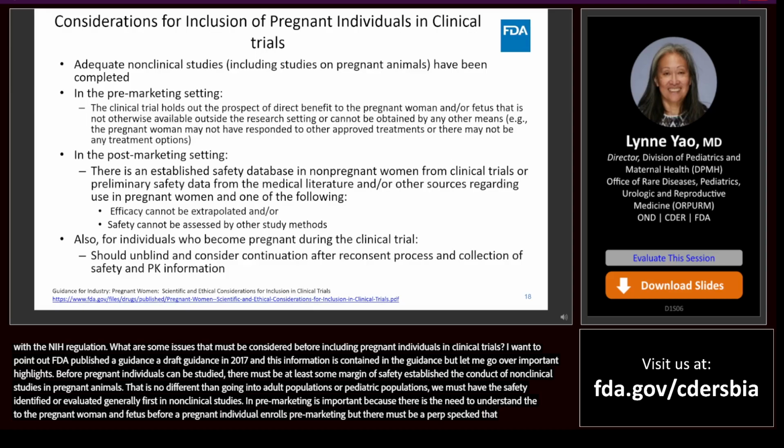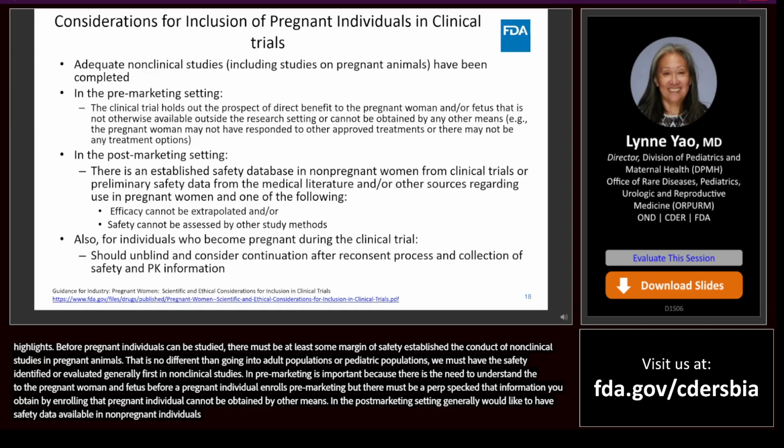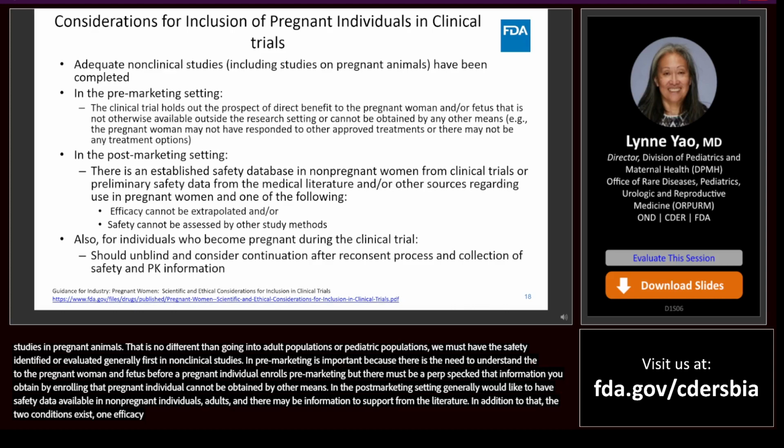In the post-marketing setting, generally we'd like to have some safety data available in non-pregnant individuals, adults, and that there may be some information to support it from the literature. Now, in addition to that two conditions exist. One, that efficacy can't be extrapolated, and two, that you can't get the safety information from any other means.